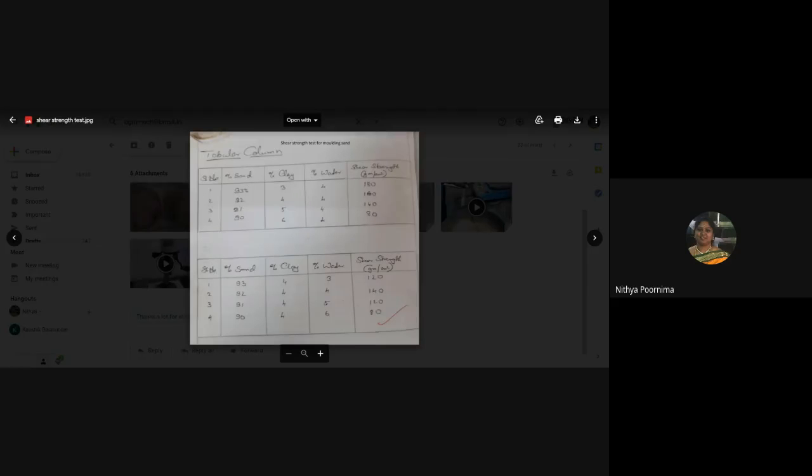What about others? One thing I'll do is you can post all your graph sheets in today's classroom. I'll give you time till 3:15. You can post it in the Google Classroom. I'm finding it difficult bringing you online and checking your graphs, so it's better you post it in the classroom.